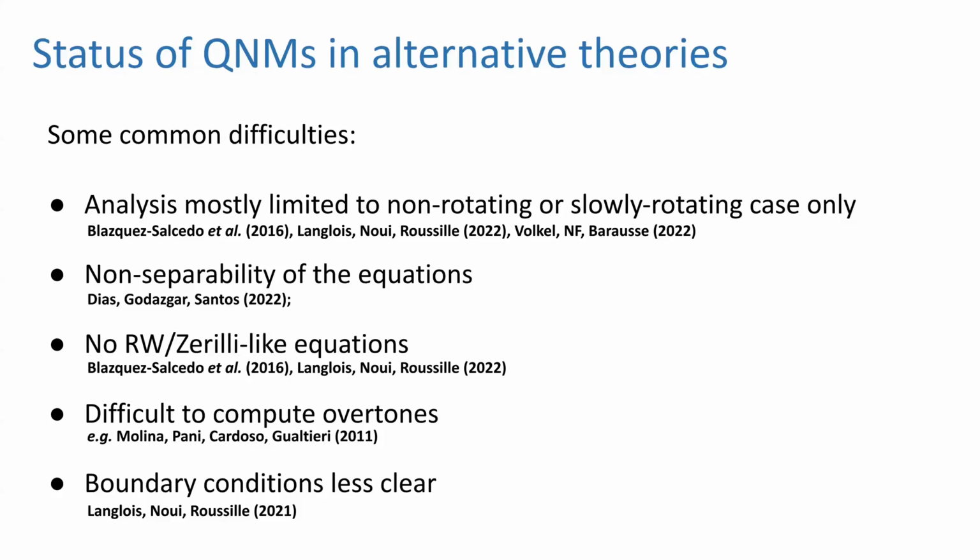For example, in Lorentz violating gravity, where you have black holes with multiple horizons, it's very hard to define a perturbation problem where you have coupled modes that see different horizons. So stuff like that is a list of reasons why the computation of QNMs in alternative theories of gravity has been much slower than in general relativity.